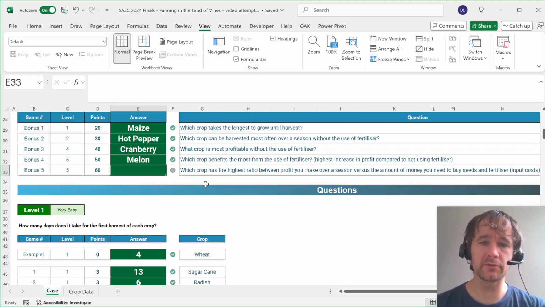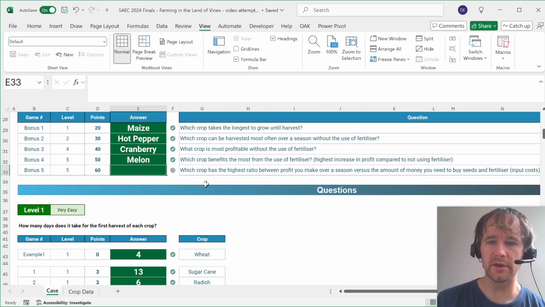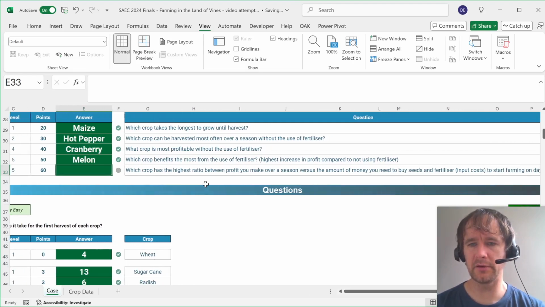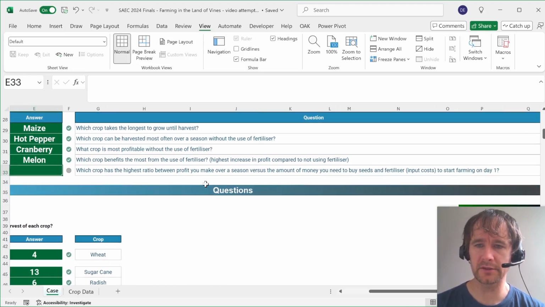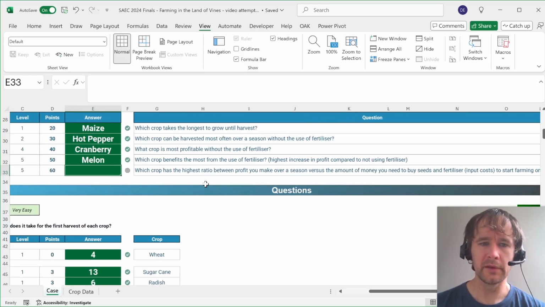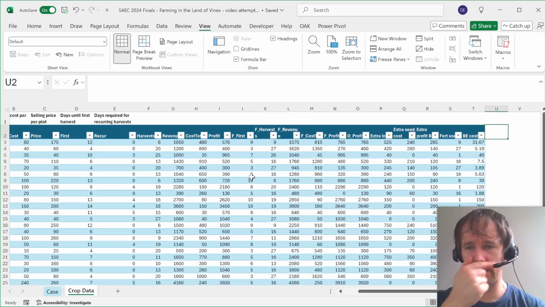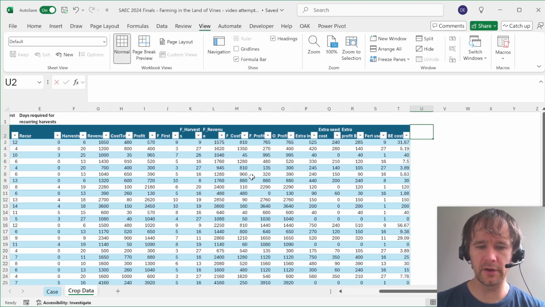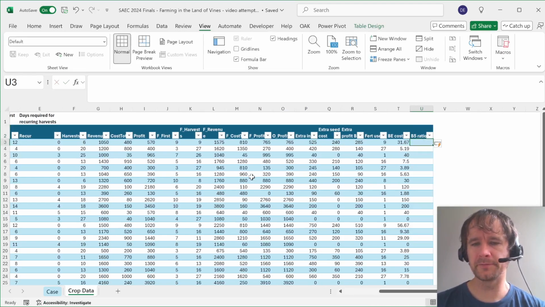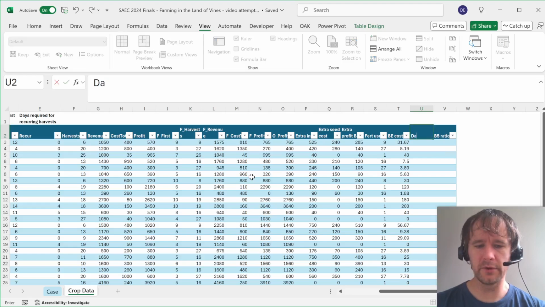And which crop has the highest ratio between profit you make over a season versus the amount of money you need to buy seeds and fertilizer input costs to start farming on day one? Okay, so oops, I'm going to add a new column for that just because it's a little convoluted. So B5 ratio, and let's do day one costs.